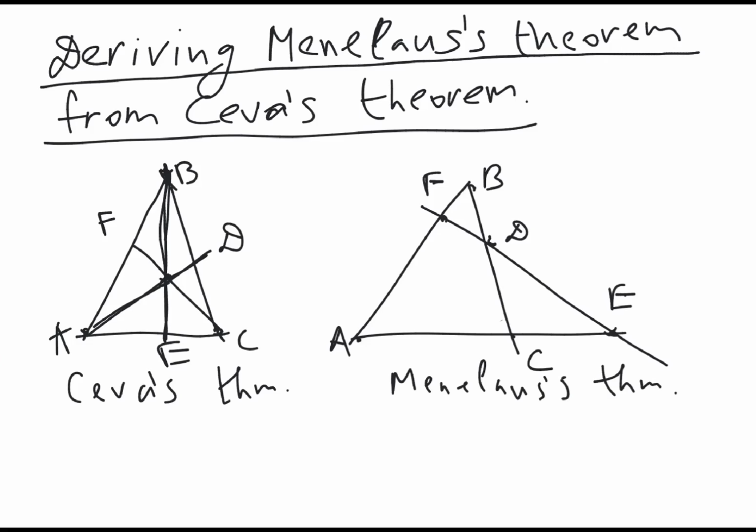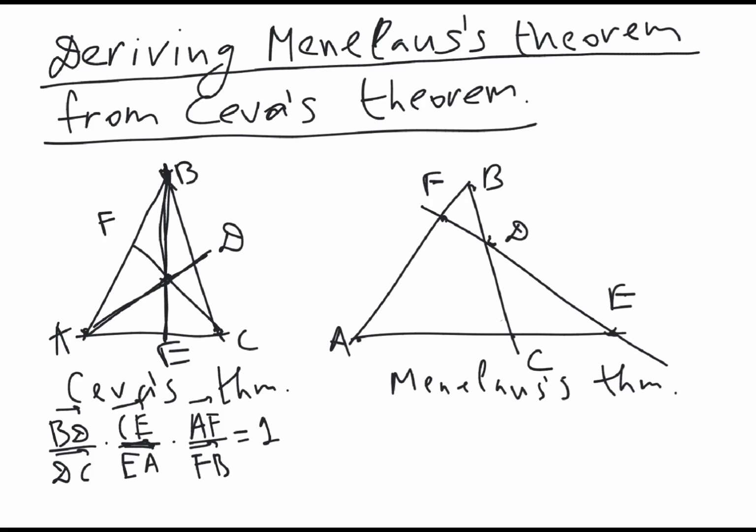And so the criterion here is that for the Ceva's case it's that BD over DC multiplied by CE over EA multiplied by AF over FB is equal to 1.